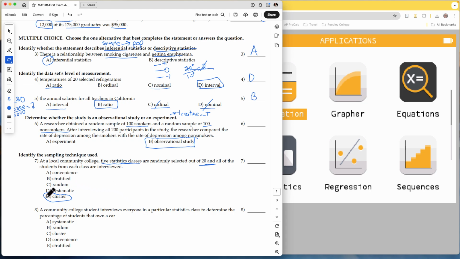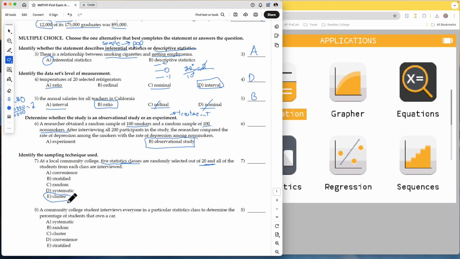So it's the ones that get confused. Cluster and stratified are similar. Stratified, though, is you break them into groups, but that's more like going by category, and then you don't sample everybody in them. You just take some of the strata. So maybe by age, and then you take 20 of each age group, something like that.